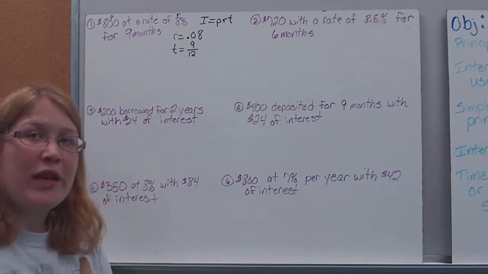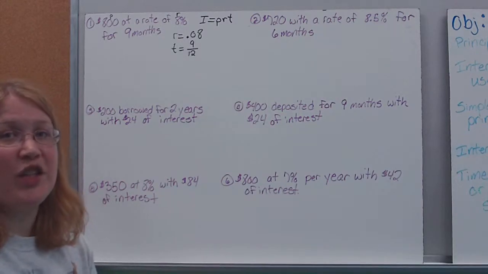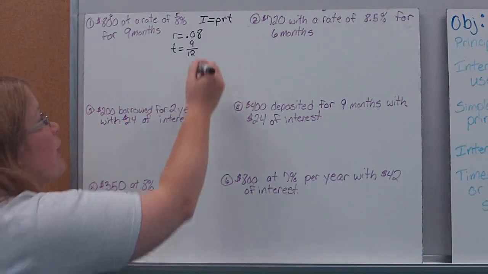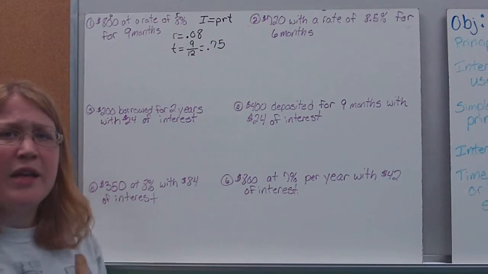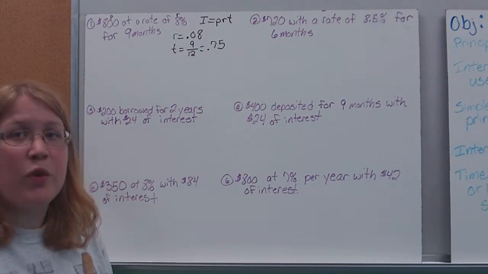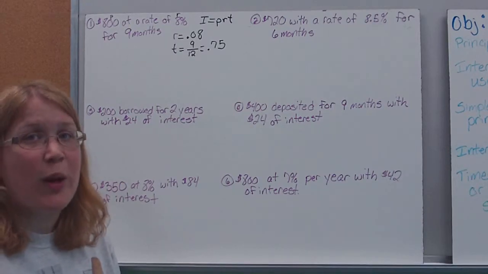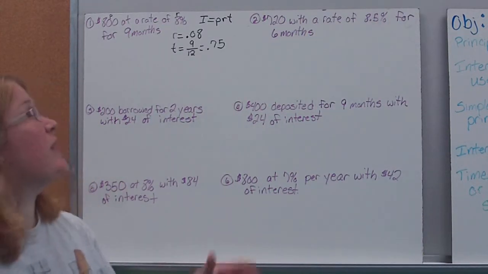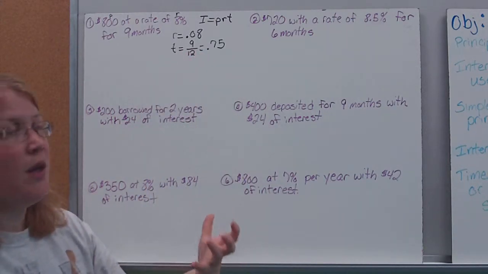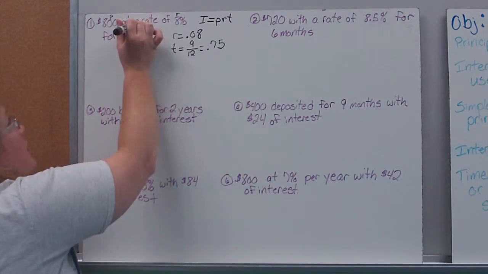So my time I'm going to write as a fraction, or if we want, we can change it into its decimal form, which would be 0.75. Okay? So whenever we're dealing with months, you have to put it over 12 because there's 12 months in 1 year. And we want to know how many years it is. So this is part of a year. All right? So this is my time.